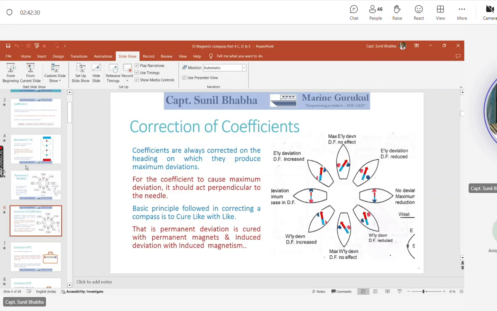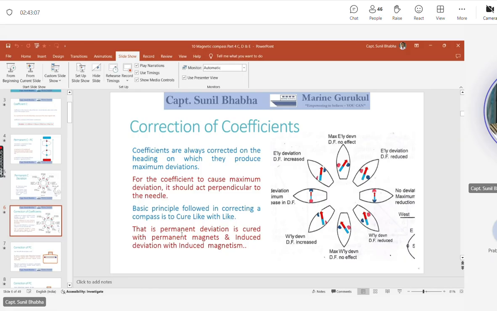Sir, please can you explain the last point which you said, that this permanent deviation is cured with the permanent magnets and induced deviation with induced? ओके बेटा, इसका मीनिंग ये है बेटा कि कोई भी डेविएशन अगर शिप के परमानेंट मैग्नेटिज्म से जनरेट हो रही है तो हम उसे एक परमानेंट मैग्नेट से ही करेक्ट करेंगे, और अगर कोई डेविएशन इंड्यूस्ड मैग्नेटिज्म से जनरेट हो रही है तो उसे सॉफ्ट आयरन से करेक्ट करेंगे. ओके सर, तो ये कोएफिशिएंट सी के लिए भी सेम ही रहेगा जैसे बी के लिए था.